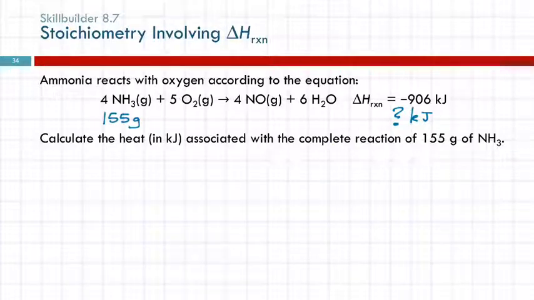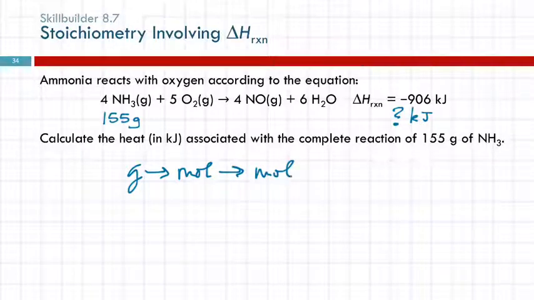Our normal path for stoichiometry is grams to moles to grams, right? Hopefully that's been ingrained in your brain now. Grams to moles to grams. So here we are indeed starting with 155 grams, but we're not going to grams of product or grams of other reactant.